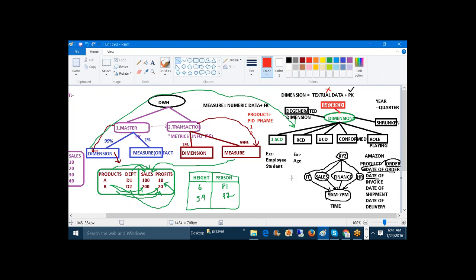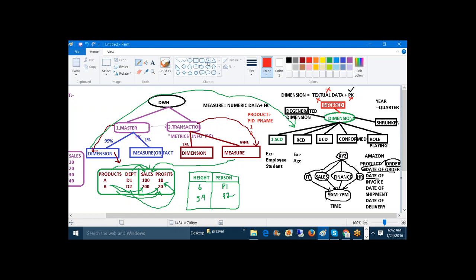The empty dimensions. The degenerated dimension contains only the primary keys, right? Then what about the inferred dimension? If the dimension does not have any textual data and even no primary keys, then such a kind of dimension is known as inferred dimension. Basically, the empty dimensions are known as the inferred dimensions.